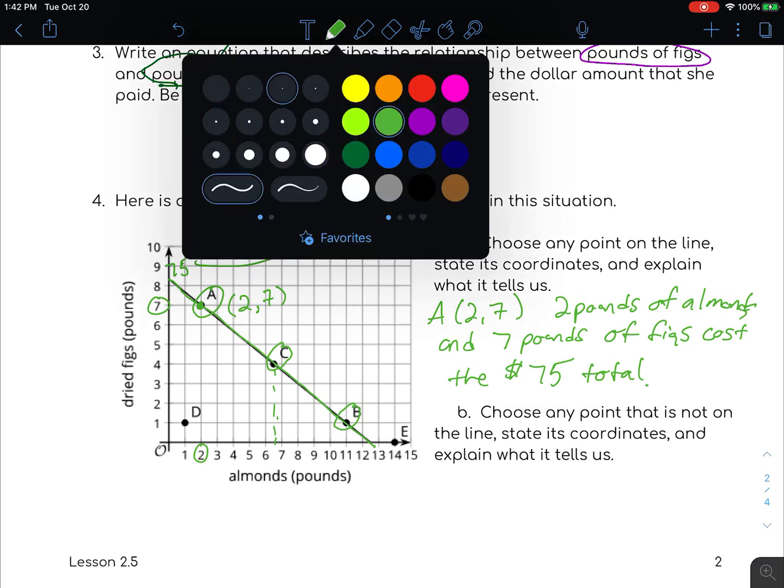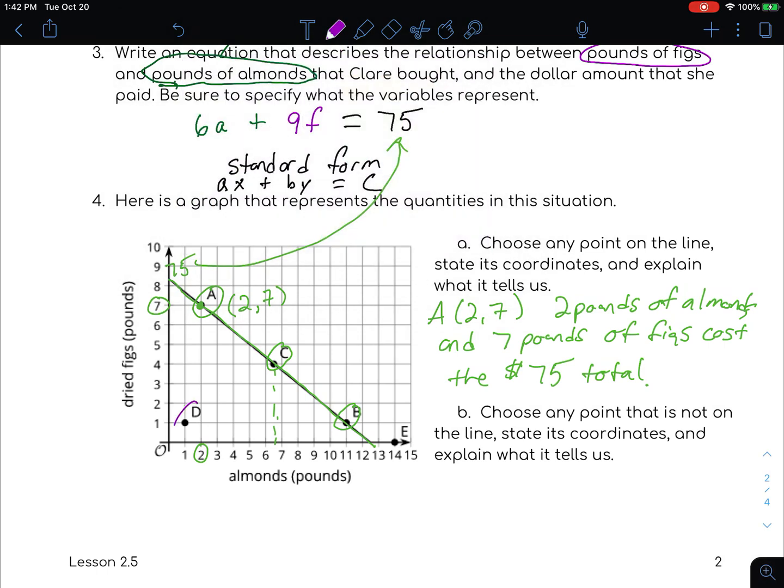But what about a point that's not on the line? So here's a point that's not on the line. Point D is the point 1, 1, right here, 1 on both the x-axis and y-axis. And so that does tell us something.